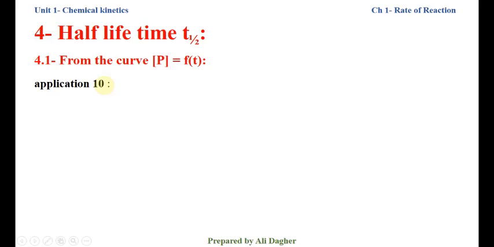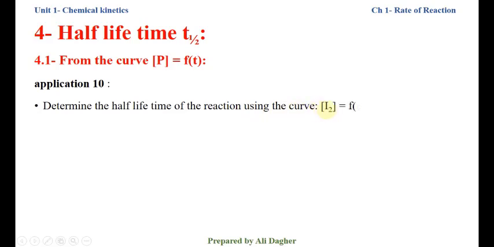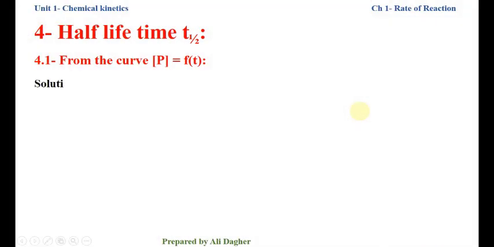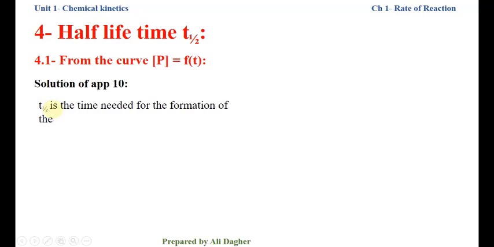Application 10. Determine the half-life time of the reaction using the curve concentration of I2 equal F(t). Solution of application 10. We write first the definition of T-half. T-half is the time needed for the formation of the half of the concentration of I2 at the end of the reaction.